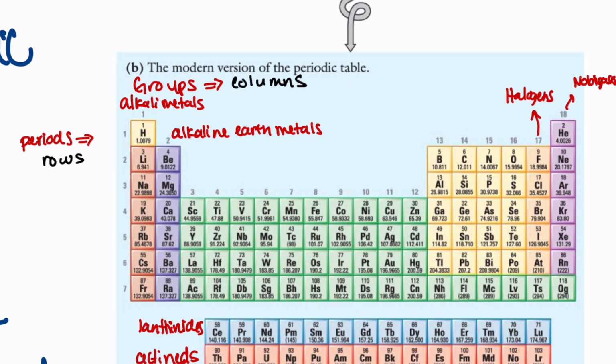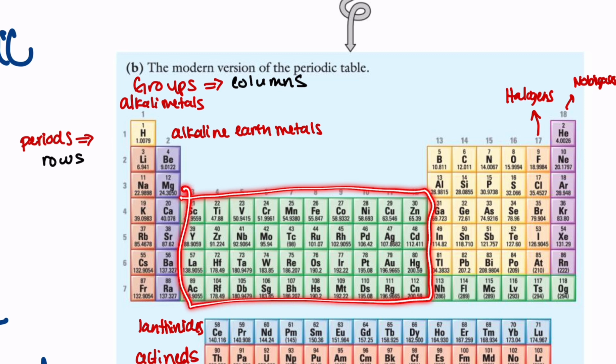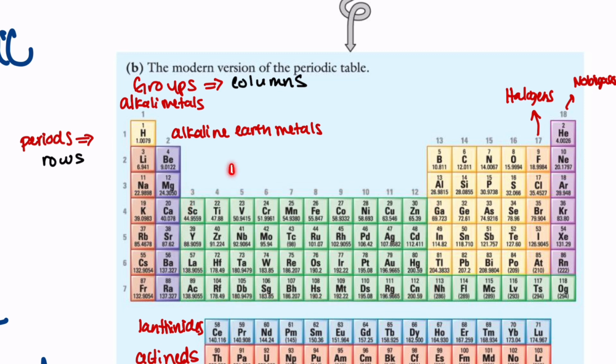Now, this big chunk here in the middle in green, these are the transition metals. So this gives you an idea of all the different areas of the periodic table. And when someone says the halogens, they are referring to everything in group 7 or 17.